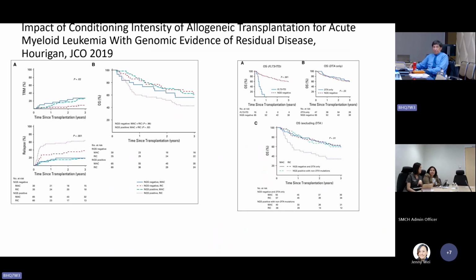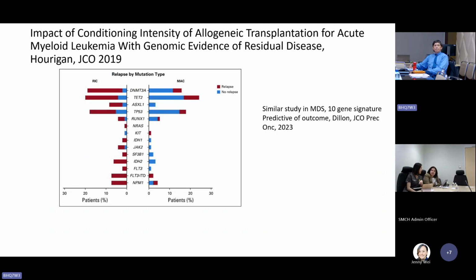So just to finish AML, there was a recent study, BMT-CTN 0901, that asked the question of reduced intensity versus myeloablative transplant. This was in AML, and they identified that in red are mutations that are predictive of relapse, and in blue are mutations that aren't predictive of relapse.